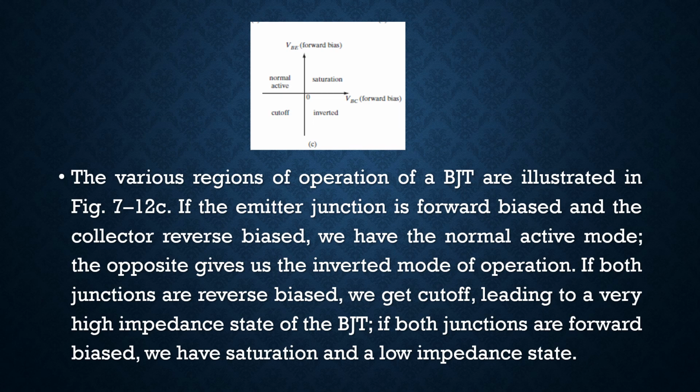Now these are the various regions of operation of the BJT, which are presented by figure number 7.12c in your BGS treatment book. If the emitter junction is forward biased and the collector junction is reverse biased, we have the normal active mode. The opposite gives us the inverted mode of operation.